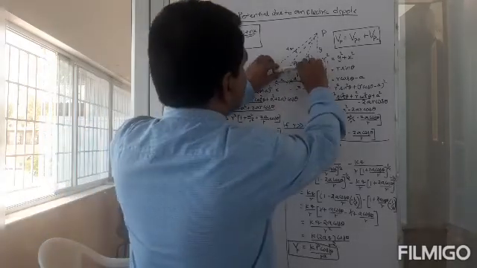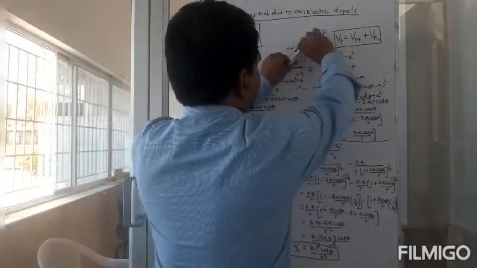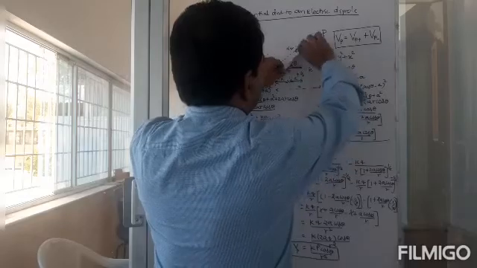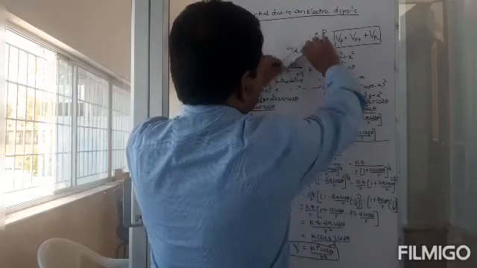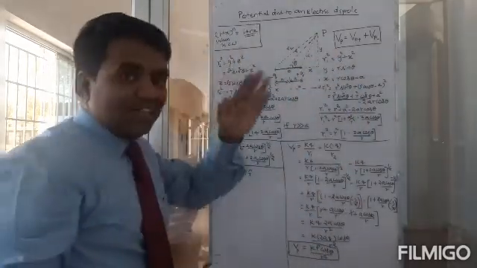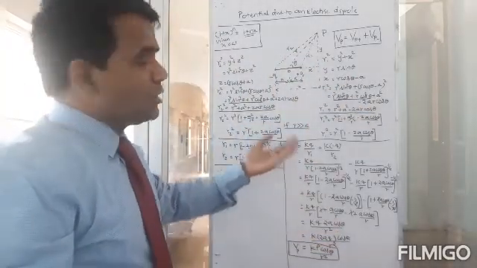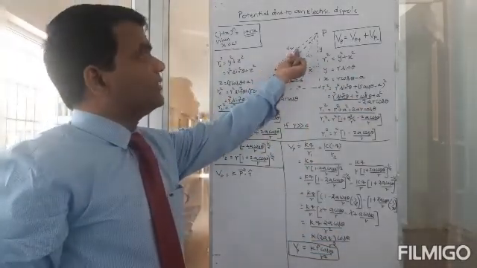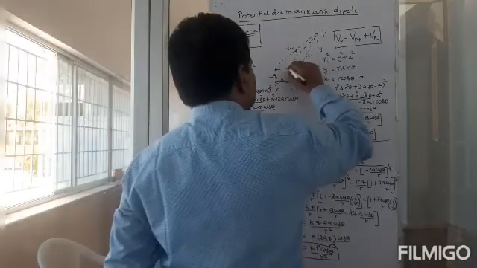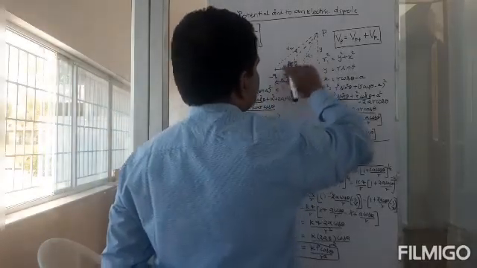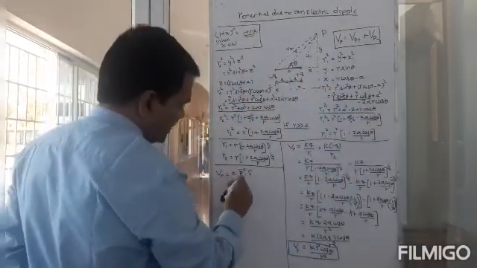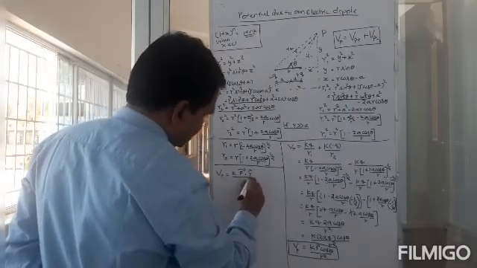You see, this is the p vector and this is the r vector. If I do a dot product between those two, I get p r cos theta, but I need p cos theta. So I can just take a unit vector along this direction. That is what I have done here: p dot r unit vector by r squared.